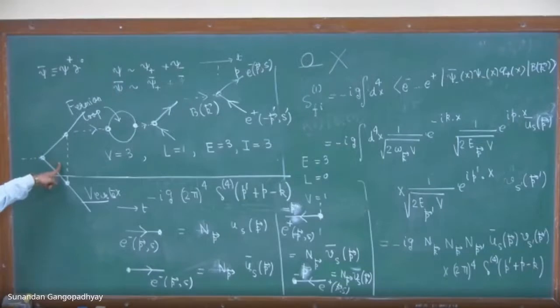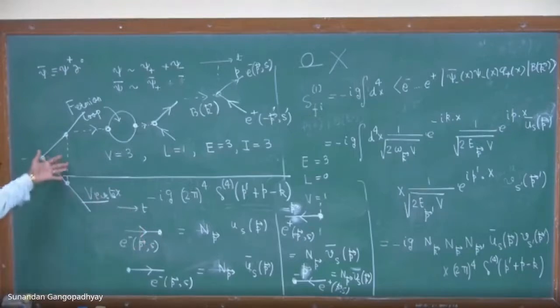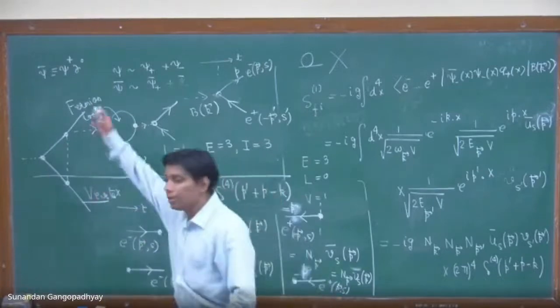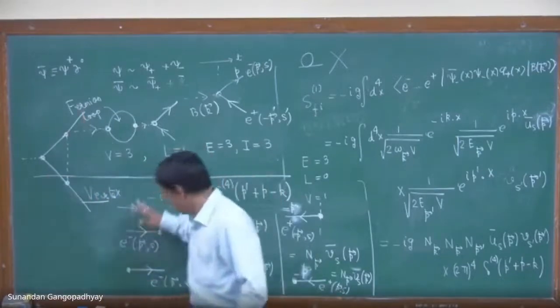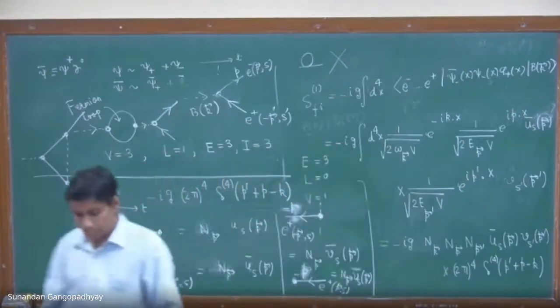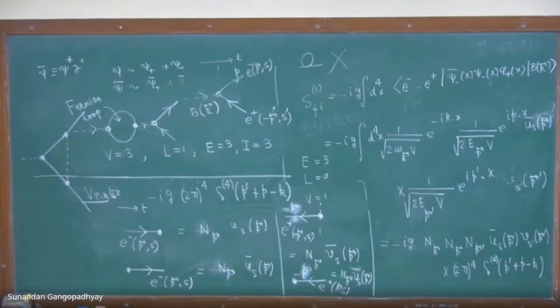No, it's not a fermion loop, because the loop is not made up fully of fermions. This is the difference between this loop and this loop. For this, you will have no sign. You can straight away write down the expression for that from the rules that we have already derived. And in tomorrow's class, we shall look at these kinds of diagrams in more detail.